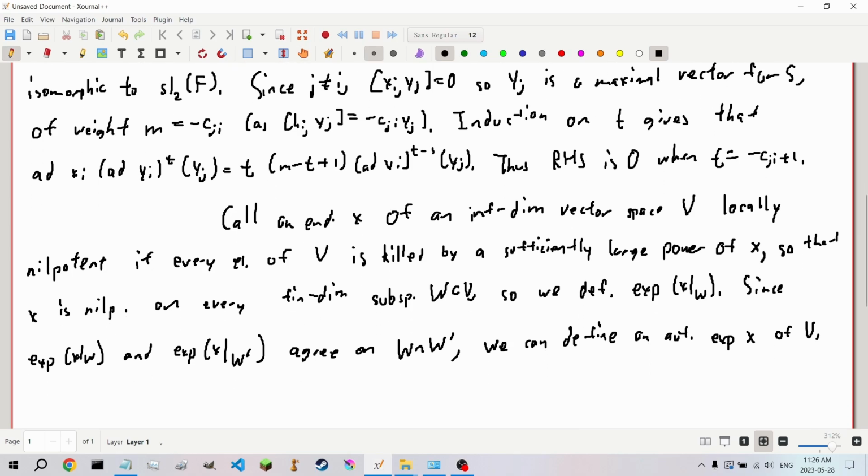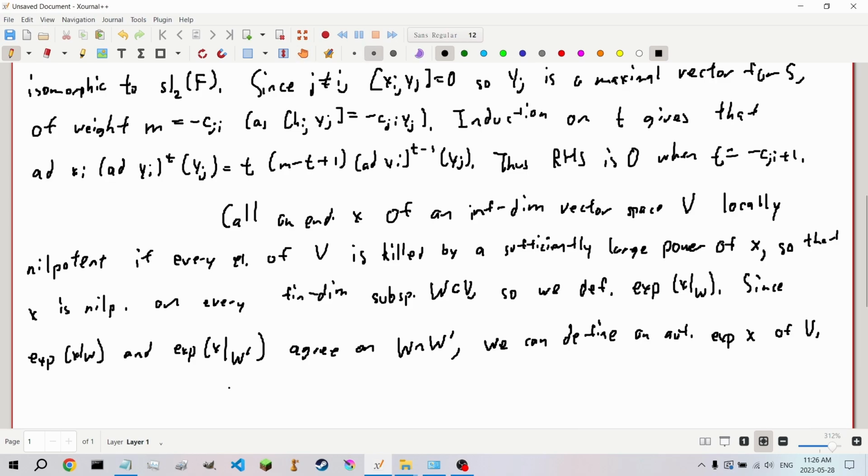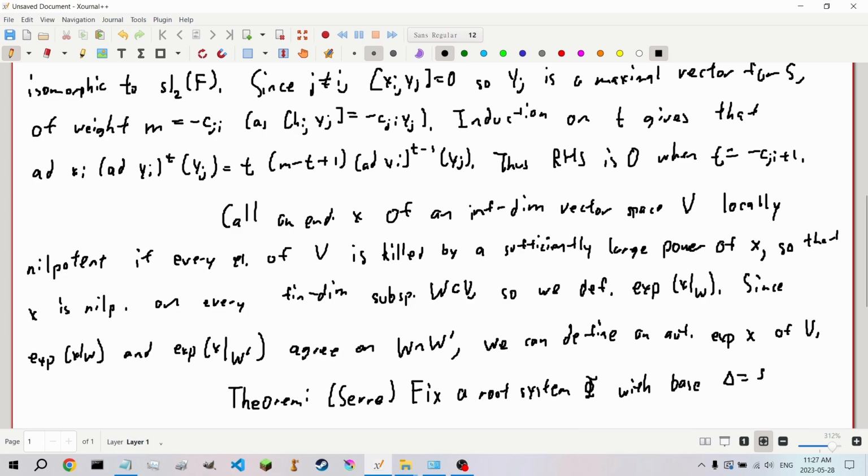Alright, this brings us to our theorem, which is Serre's. So we're going to fix what I'm guessing is an axiomatic root system. Fix a root system phi with base delta being a collection of alpha i from 1 to l.